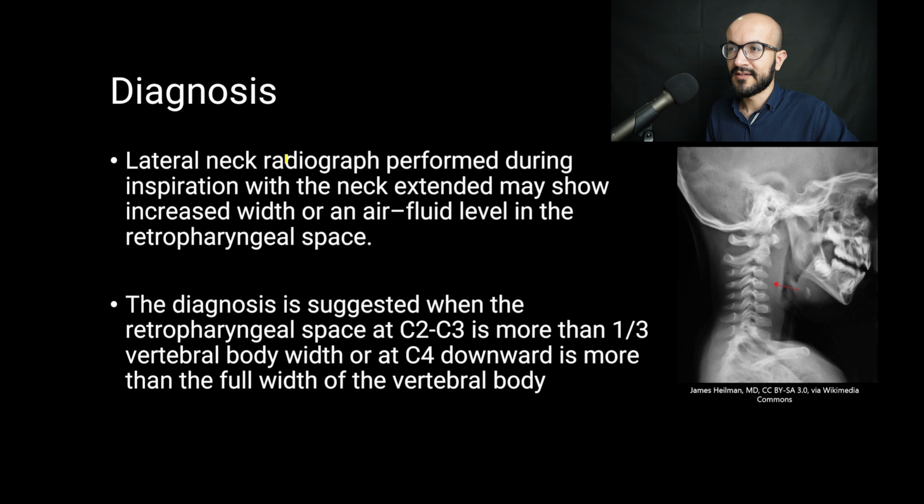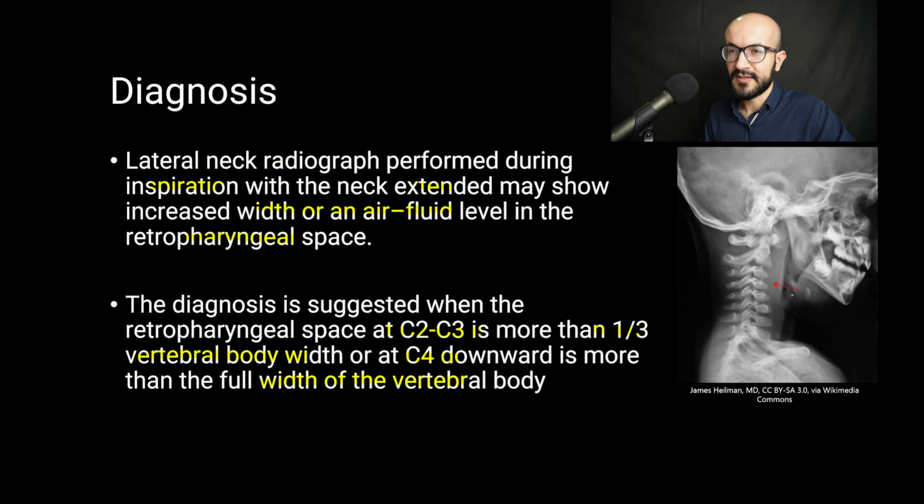So the lateral neck radiographs performed during inspiration with the neck extended may show increased width or an air fluid level in the retropharyngeal space, and the diagnosis is suggested when the retropharyngeal space at the C2-C3 level is more than 1/3 of the vertebral body width, or at C4 downward is more than the full width of the vertebral body.